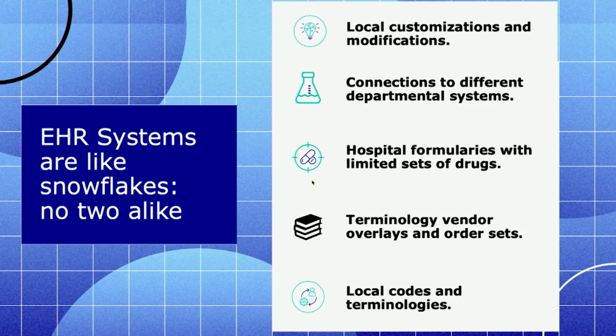Terminology vendors come along and overlay a terminology layer and order sets, and perhaps one of the biggest problems is that most organizations have their own local codes and their own vocabularies that they developed locally, particularly so in labs. And all of that means that the idea of a plug and play app store for FHIR apps is a ways off, because we've got to solve these problems first. And I'm going to talk as the afternoon goes by about how we might do that.